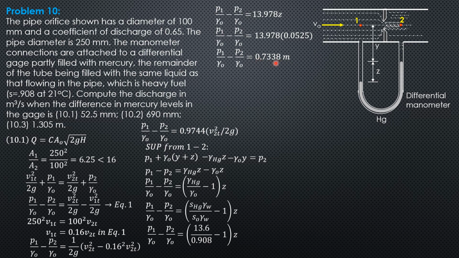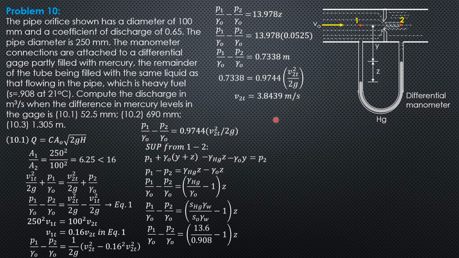We then substitute this into this formula here so that we can compute the theoretical velocity at point 2. So 0.7338 equals 0.9744 times the velocity head theoretical at 2. So 0.7338 times 2g divided by 0.9744, with g equal to 9.81. Then we extract the square root. So V2 theoretical is equal to 3.8439 meters per second.